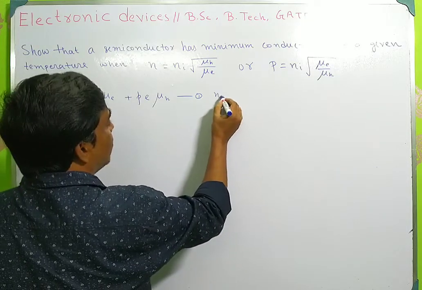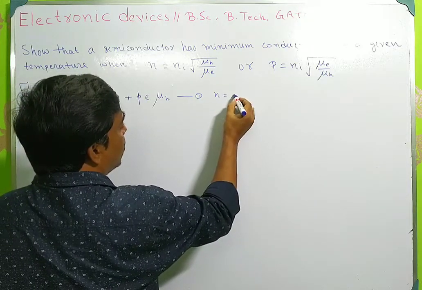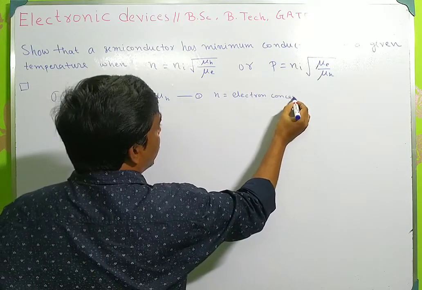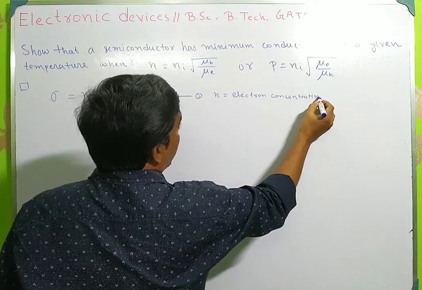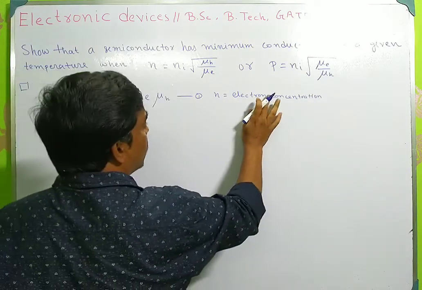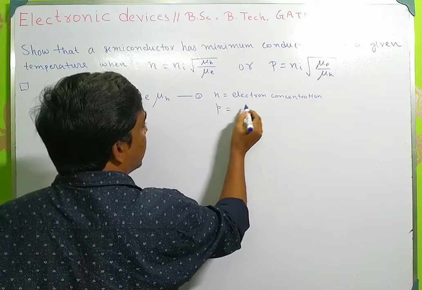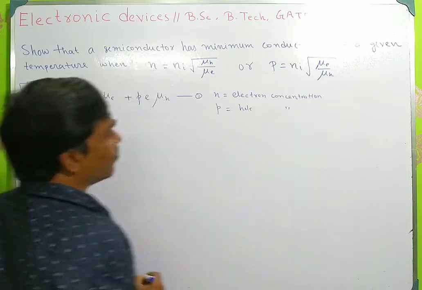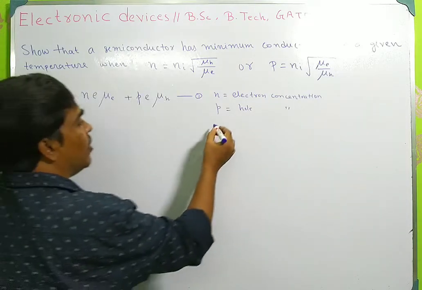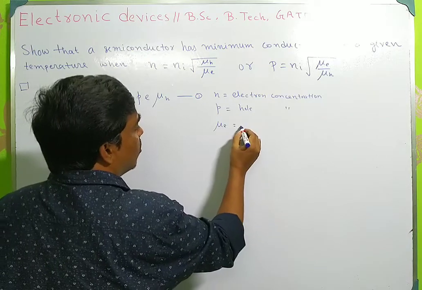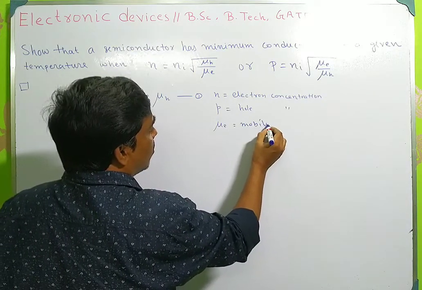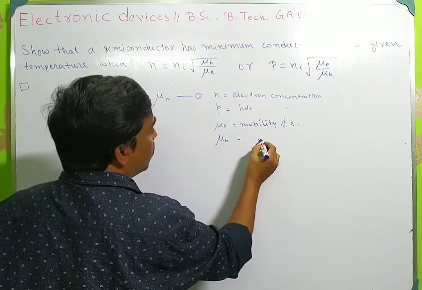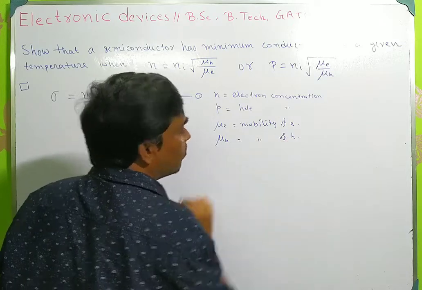Here n is the electron concentration, or negative charge concentration, and p is the hole concentration, and mu e is the mobility of electrons, and mu h is the mobility of holes.